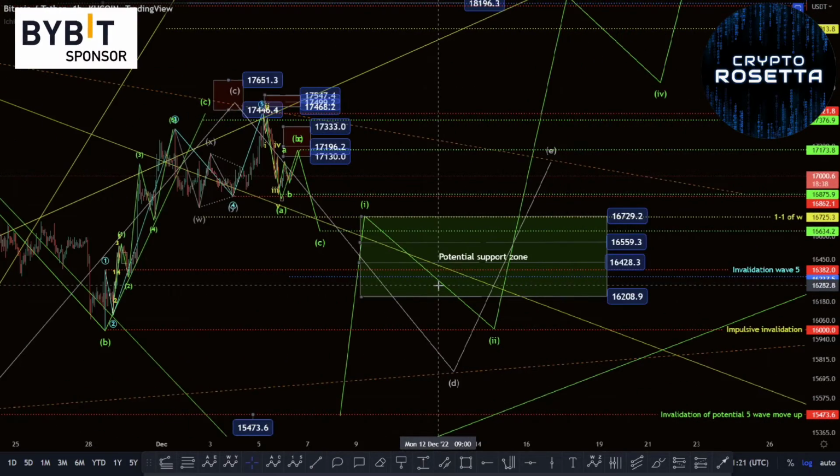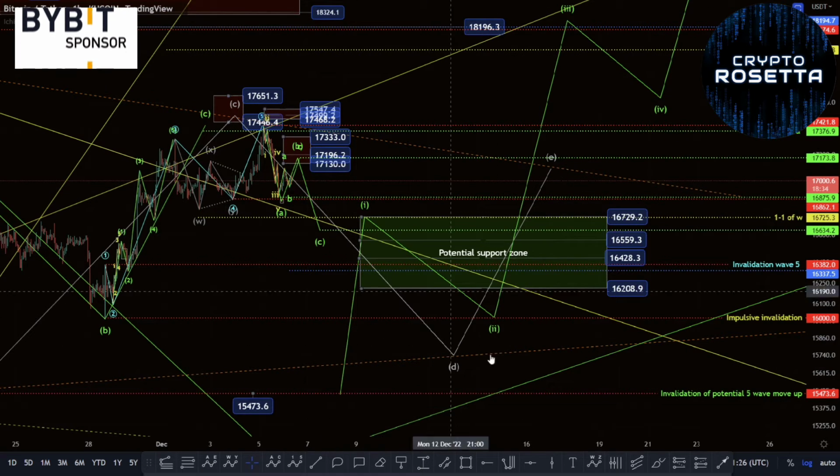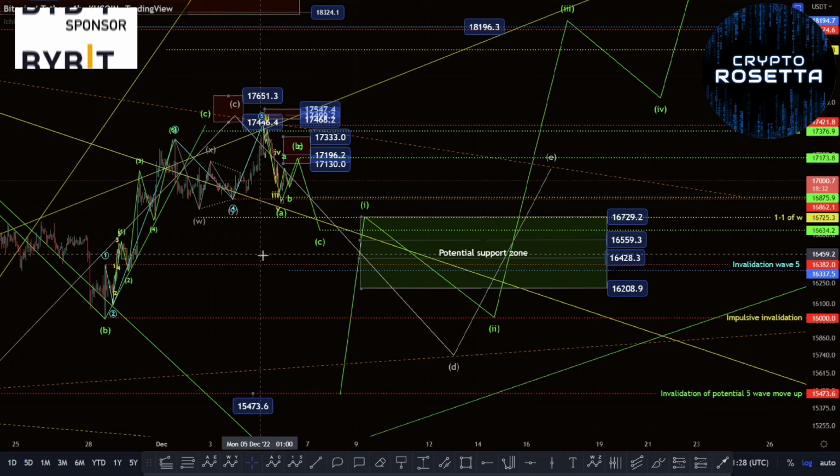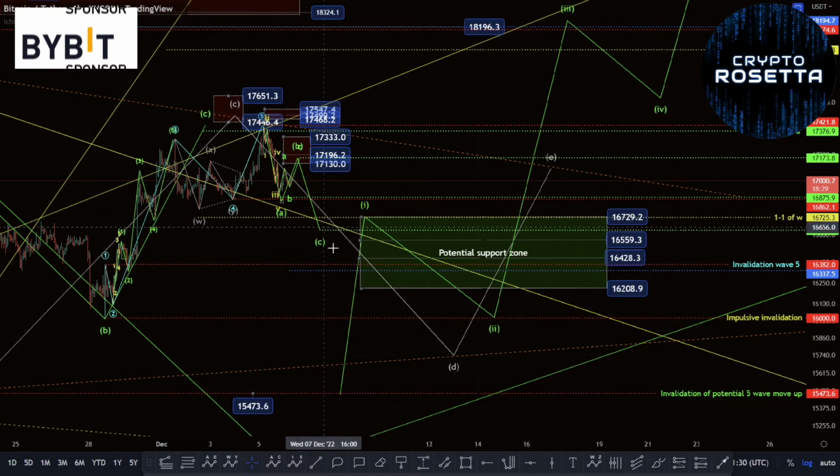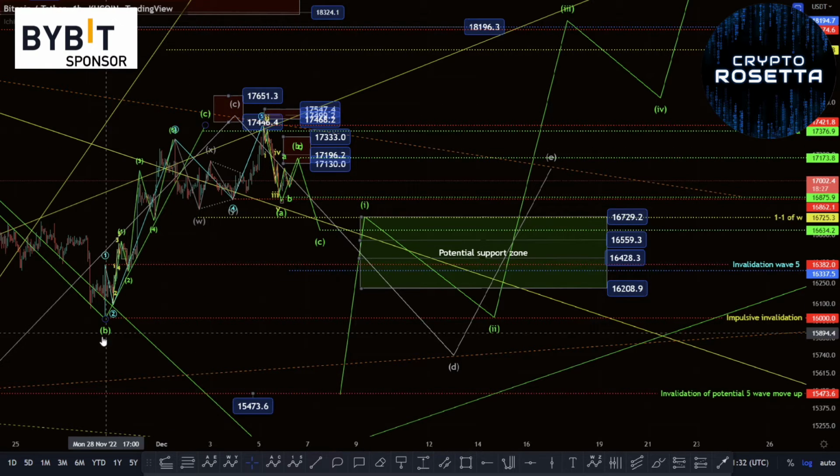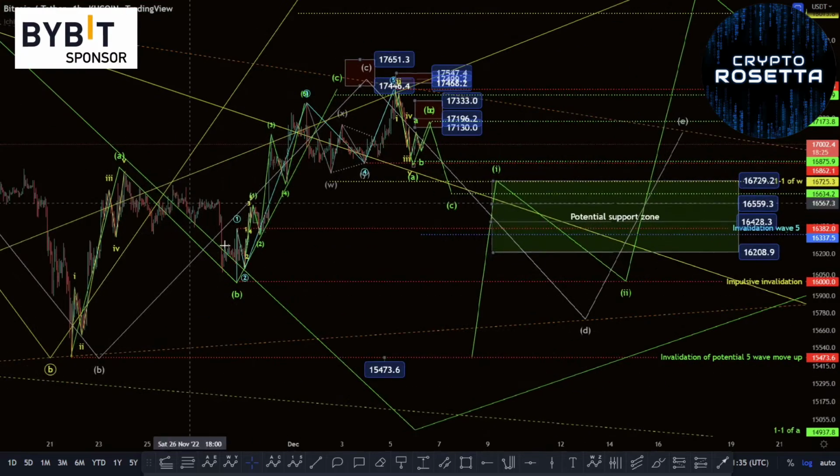Okay, so this is the one option that we're looking for, but we need to be mindful that we could still potentially be developing a bigger 5-wave move here, and what we could have is this is a 1, and then we're looking to form a 2 again. So basically you'd have 1 2 1 2, and then we'd look for progression.